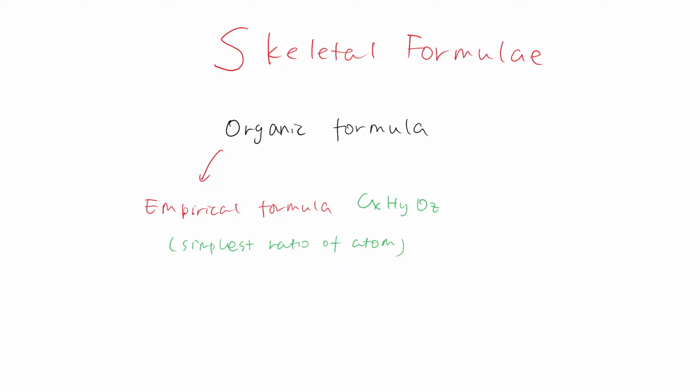And then how do we get the simplest ratio of the atoms? You usually do a combustion analysis.